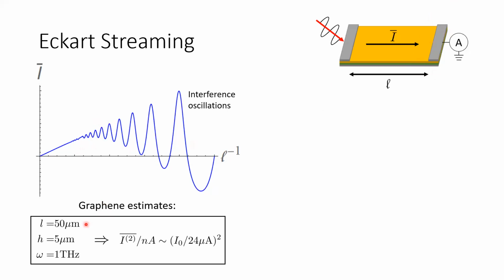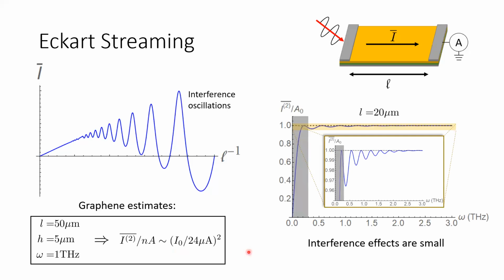And so just to go ahead and estimate this in graphene again, for device length 50 micrometers, frequency 1 terahertz, and this puts us in this long device linear regime, what you get is about 1 nanoamp of current for 24 microamps of current amplitude.